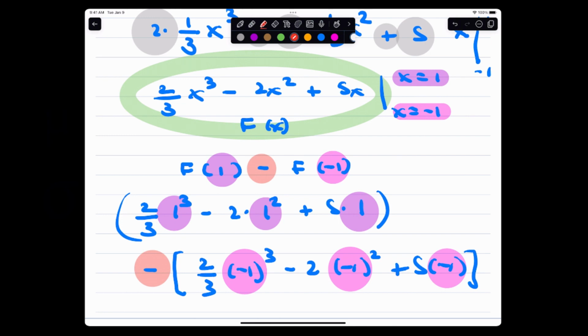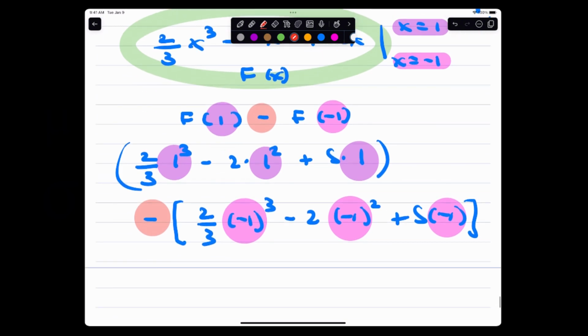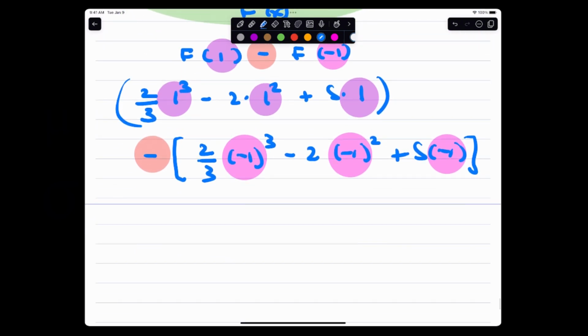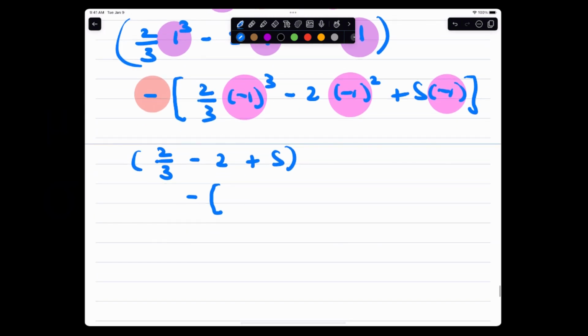Okay, you guys okay with that? So the good news, at least for me here looking at this, is I like 1 because 1 cubed is 1, 1 squared is 1. Okay, but just be careful with the negatives there. So I'm going to keep this first portion in parentheses. So I kind of try to keep them in parentheses as long as possible. 2/3 minus 2 plus 5, and then minus 2/3 times a -1, is that true?